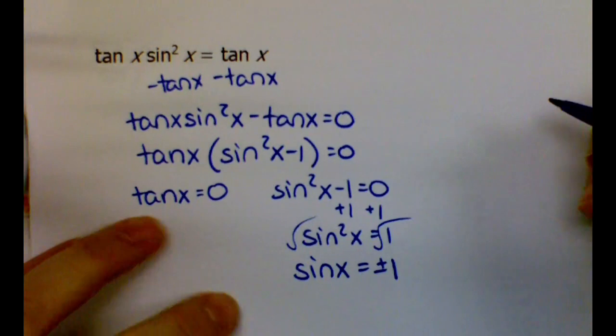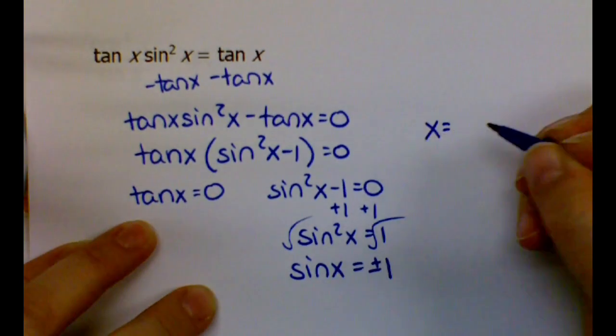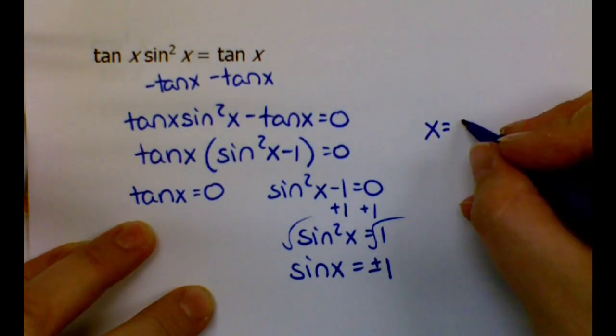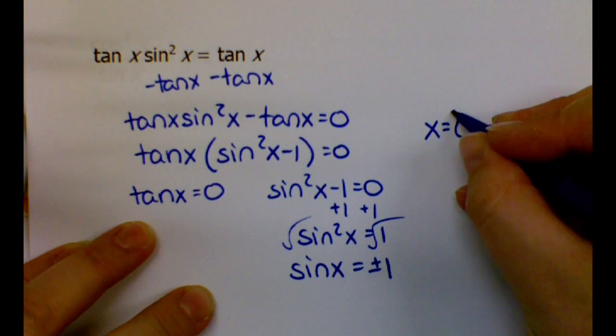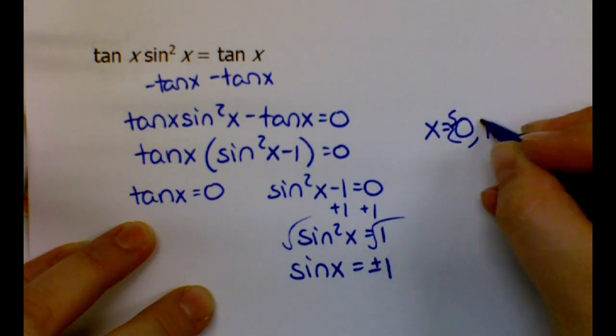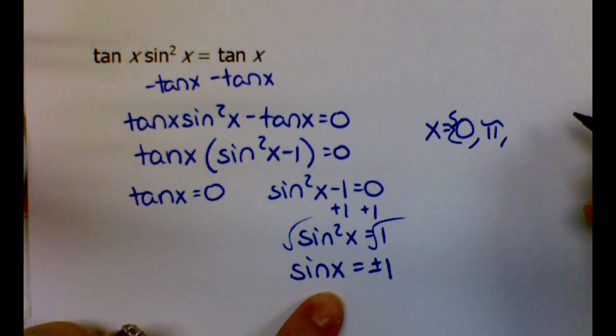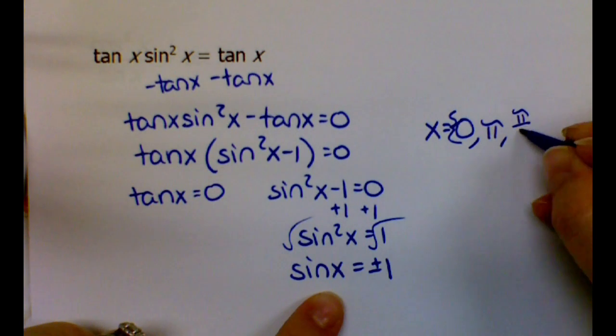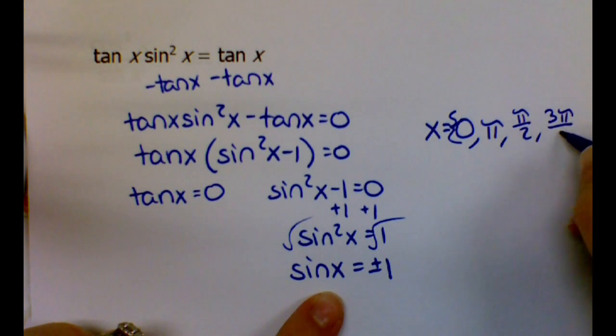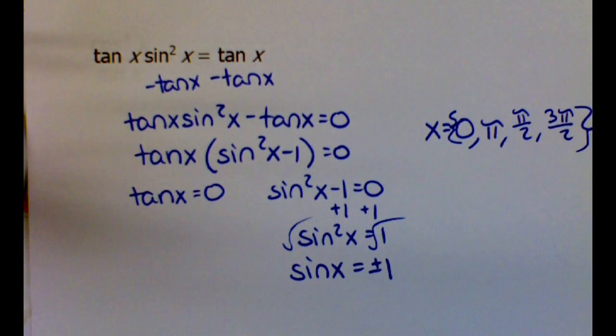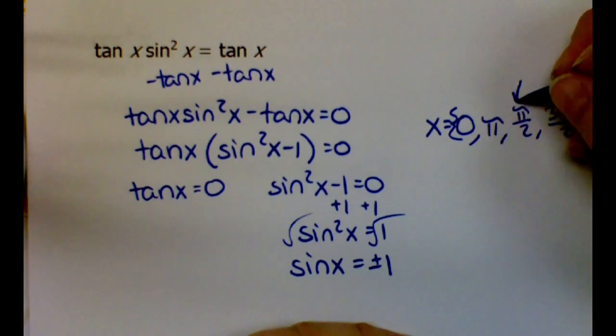All right. First question is, where's tangent 0? Tangent 0 at 0 and pi. Where's sine 1 or negative 1? Well, that's pi over 2 and 3 pi over 2. But here we run into a problem. Tangent's not defined at pi over 2 or 3 pi over 2.